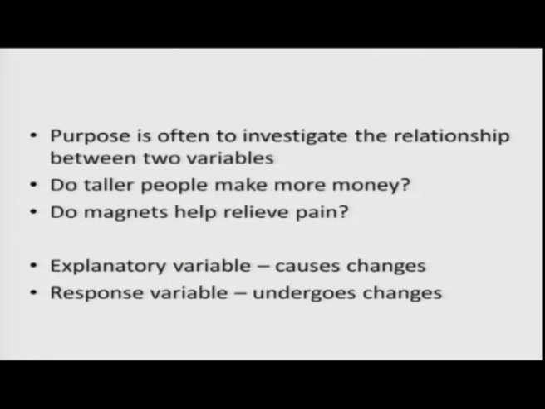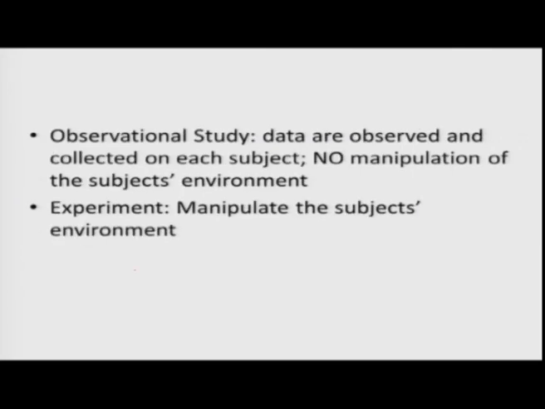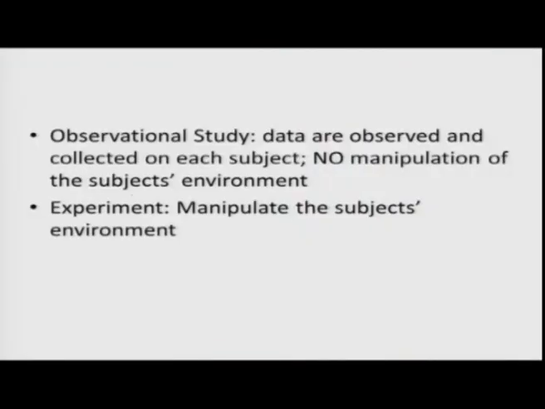People undergoing pain relief, that is the response variable. So, in an observational study you observe data, you collect it on each subject. Very important, as we have been focusing on: you do not manipulate the variables, you just observe them as they are. When you manipulate, that becomes an experimental study.